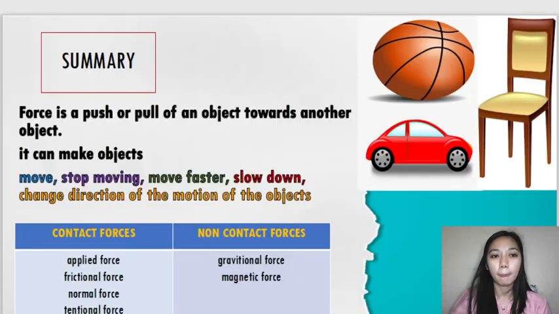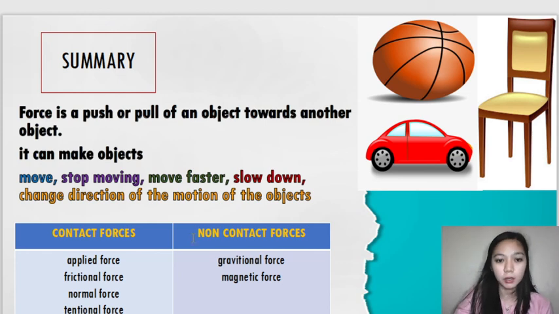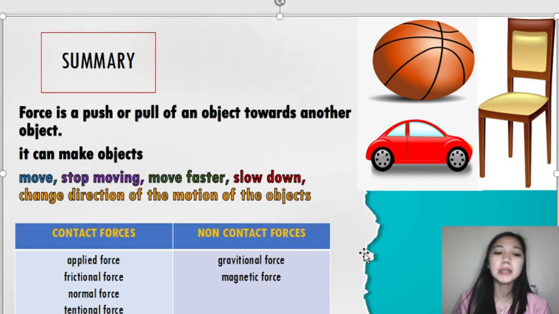Okay? And in summary, force is a push or pull of an object towards another object. And it can make objects move, stop moving, move faster, slow down, change the direction of the objects, and many more. And also, we were able to define or explain that there are two types of force, contact forces and non-contact forces.